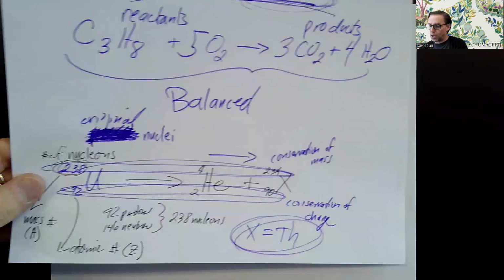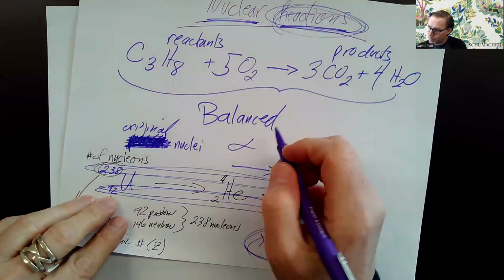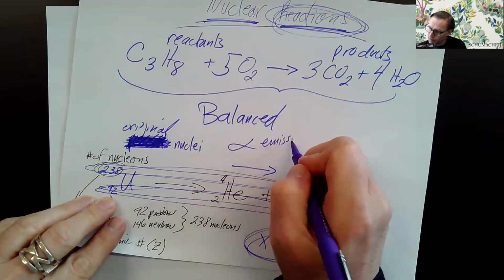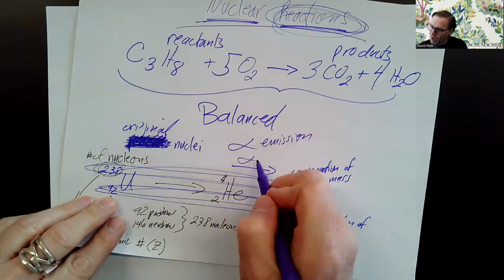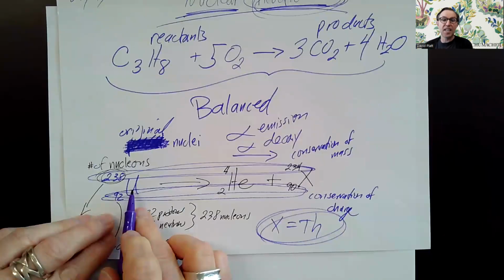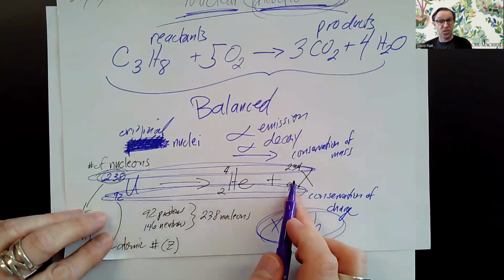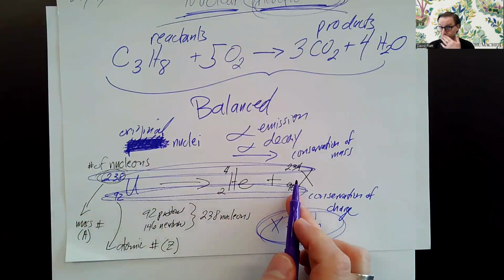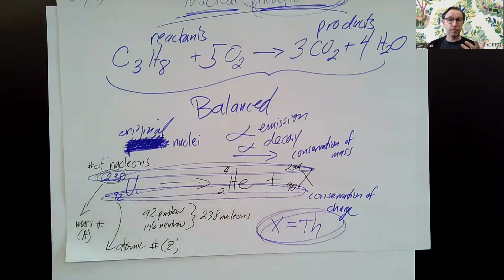Maybe I didn't use the word decay. Sometimes this is called alpha emission, but sometimes it's called alpha decay because this thing naturally turns into this thing. So we use the word decay, you know, I'm aging, I'm decaying, it happens naturally.